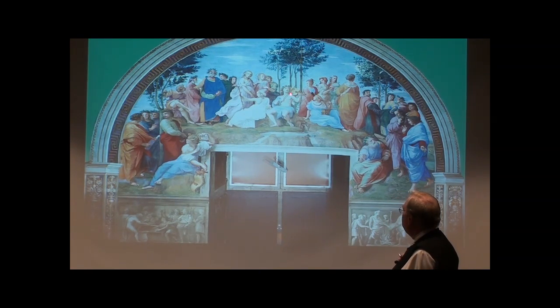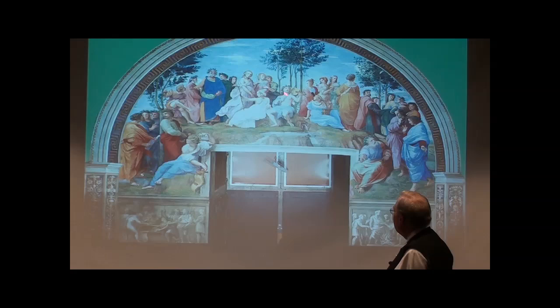As we said, Apollo is playing the lyre, and so this is the life of poetic inspiration. Here's Dante, and here is Homer, the blind poet. You can see he's blind, and down here are different ancient and modern poets.